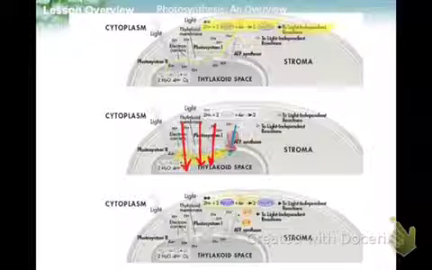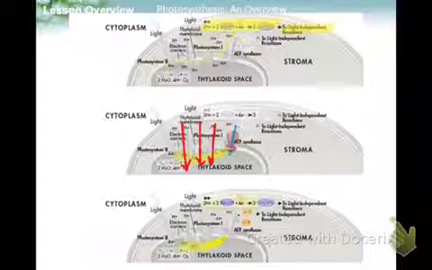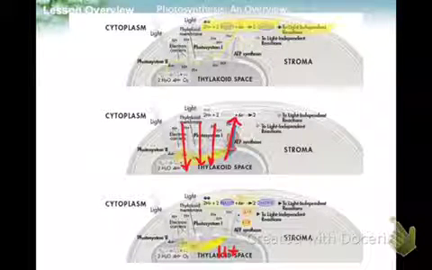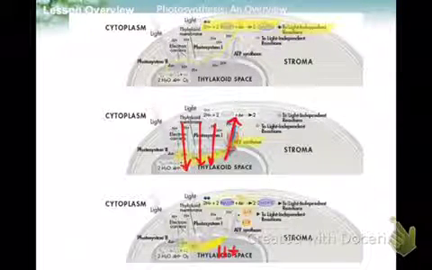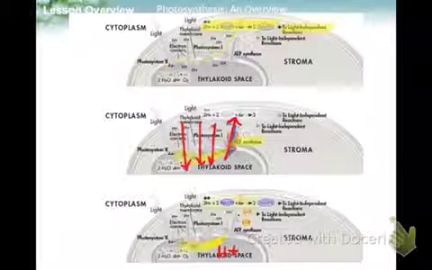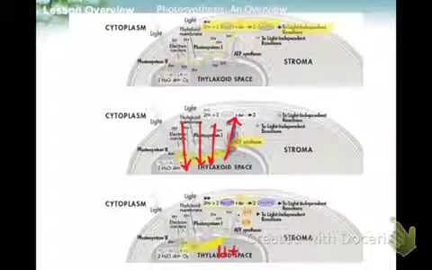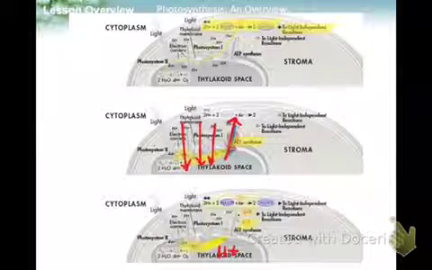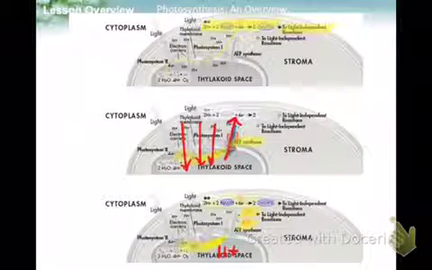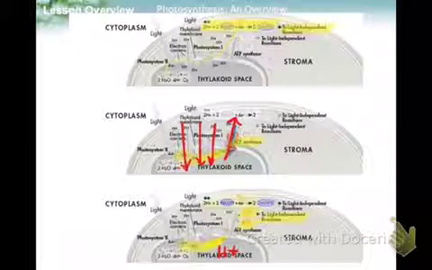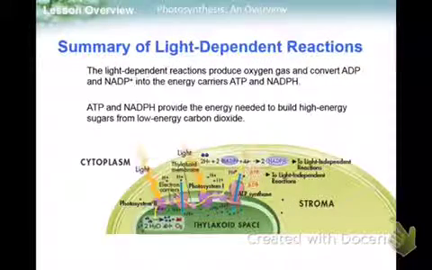There's this huge accumulation of hydrogen ions, and you don't have to understand why or how this happens, but just know that when these hydrogen ions move through this enzyme called ATP synthase, that's an enzyme that makes ATP, we see ADP, that extra phosphate gets added to ATP. Now we have a source of stored energy that again goes to the light-independent reactions.